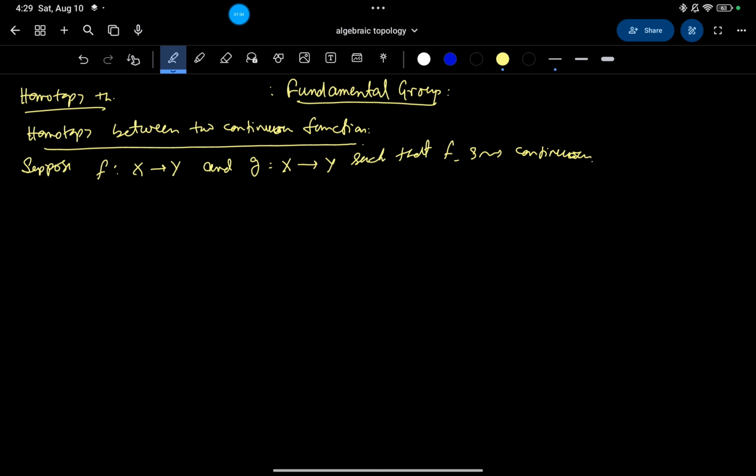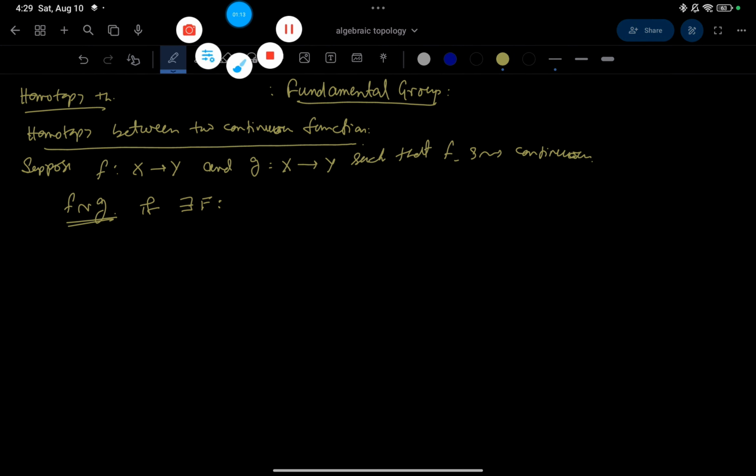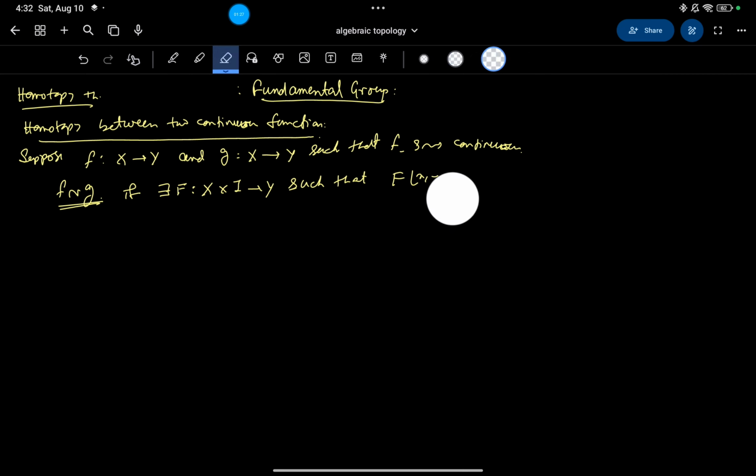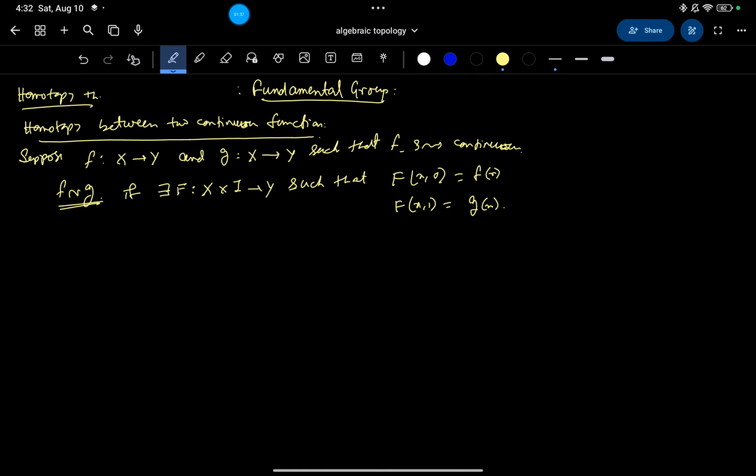Then f is said to be homotopic with g if there exists a capital F, a mapping from X cross I to Y, such that F of x comma 0 is small f of x, and F of x comma 1 is small g of x.